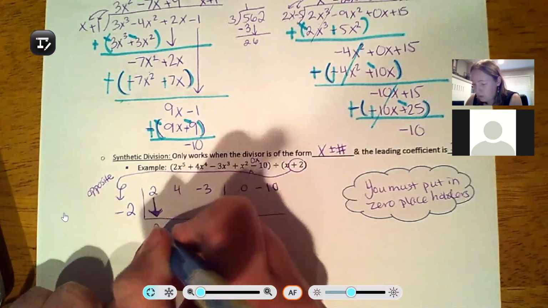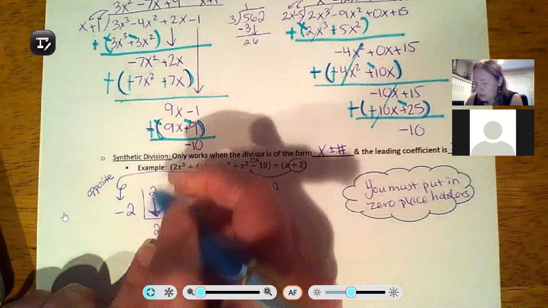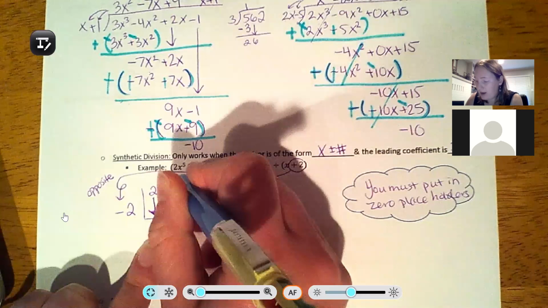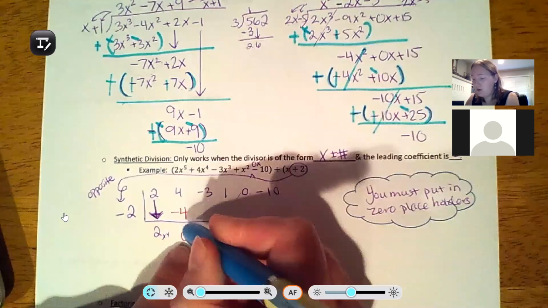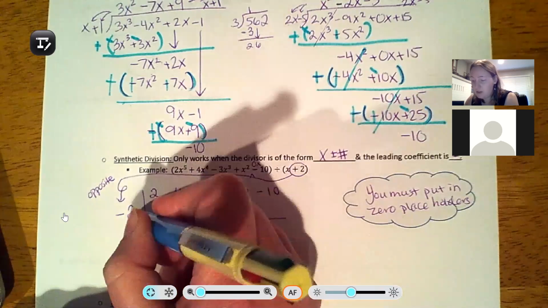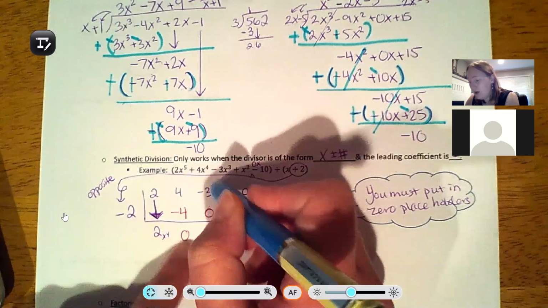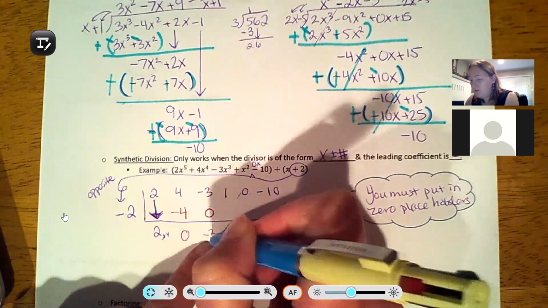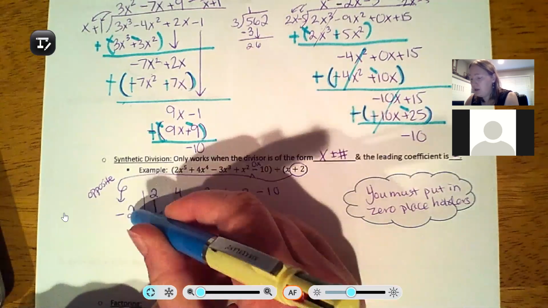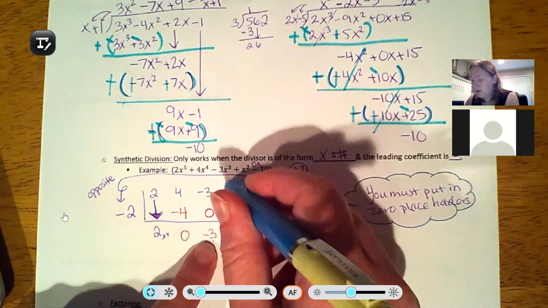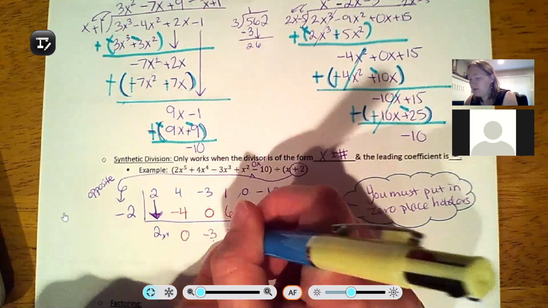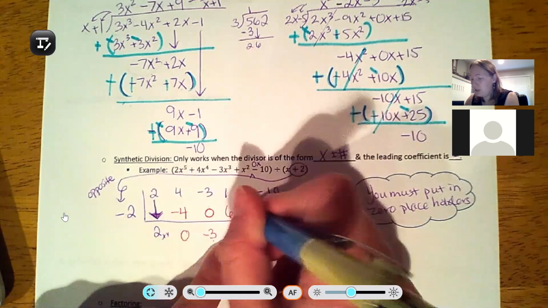So you're going to do 2 times -2 is -4, and then you add. So you get 0. And you do 0 times -2 is 0. 0 times anything is 0. Then you add. Then -3 times -2 is 6. Then you add. 7 times -2 is -14.